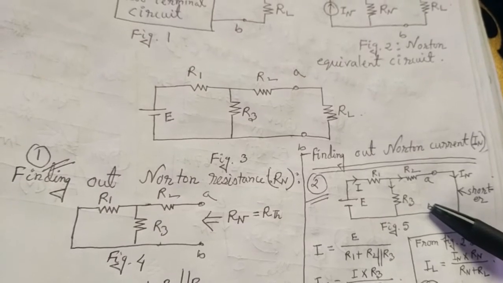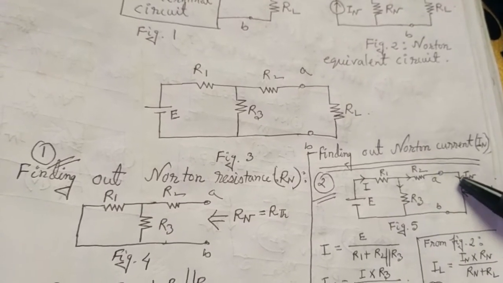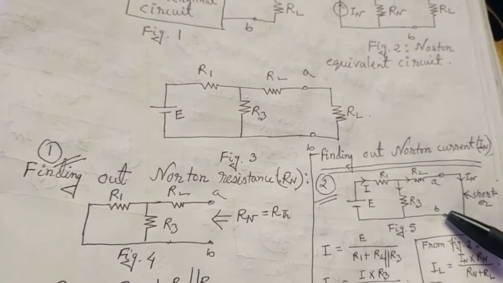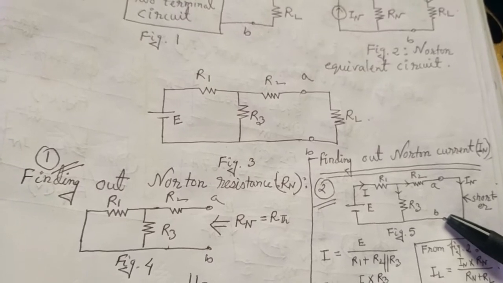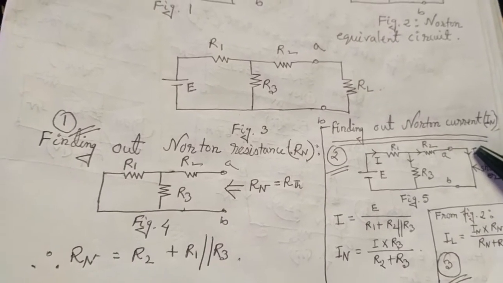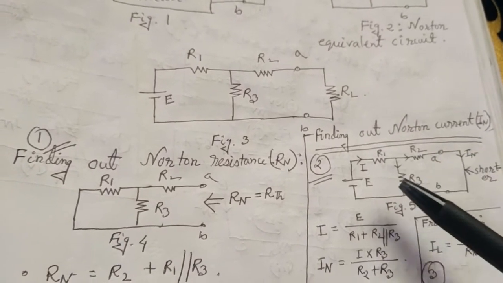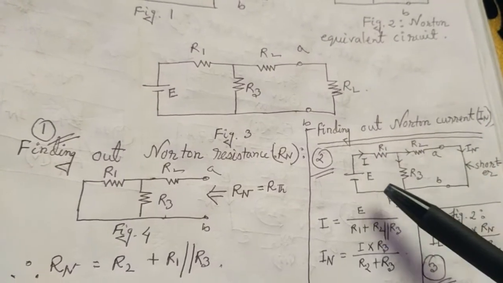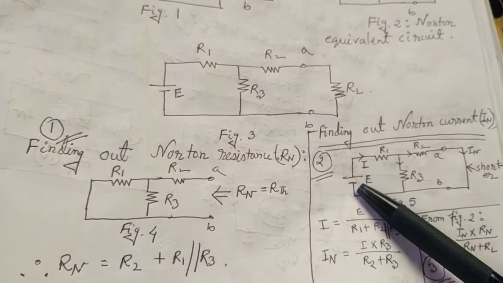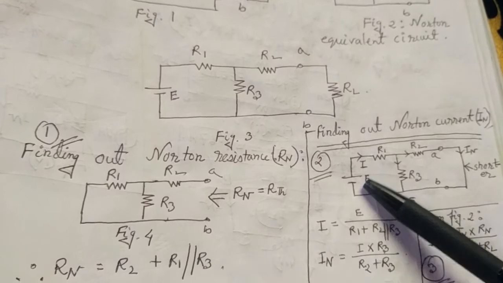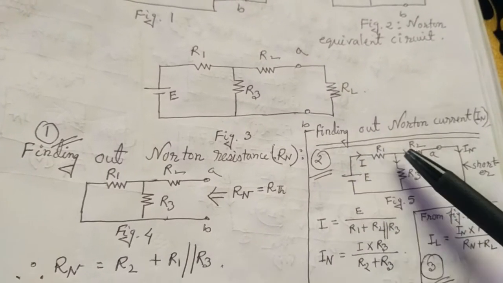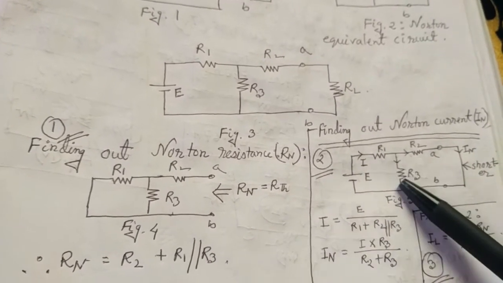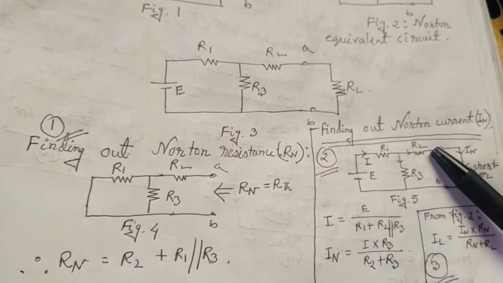Now we will determine the current through this short AB, that would be known as IN. So how to find it? You see, from this circuit, this is the voltage source E. Due to this voltage source, the total current I is divided in two parts through R3 and R2.